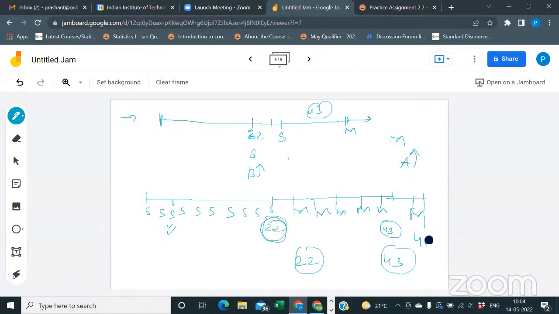For 45, which will be the median? The 23rd observation. See, the 22nd is S. You add one observation, then again the 23rd will be S. But still the median has changed, right? Why did the median change? I'm not getting it because it's now 23.